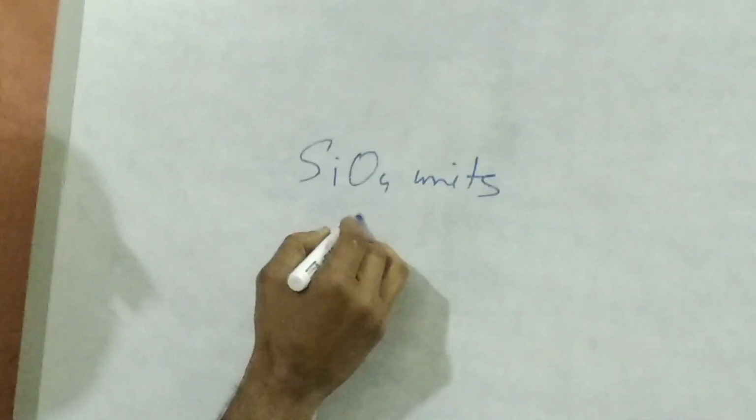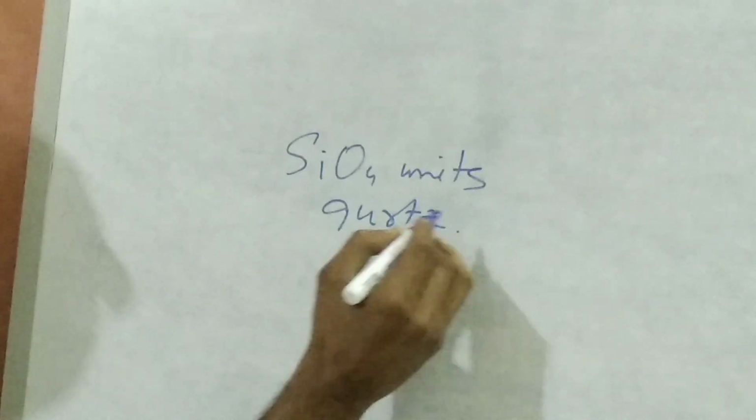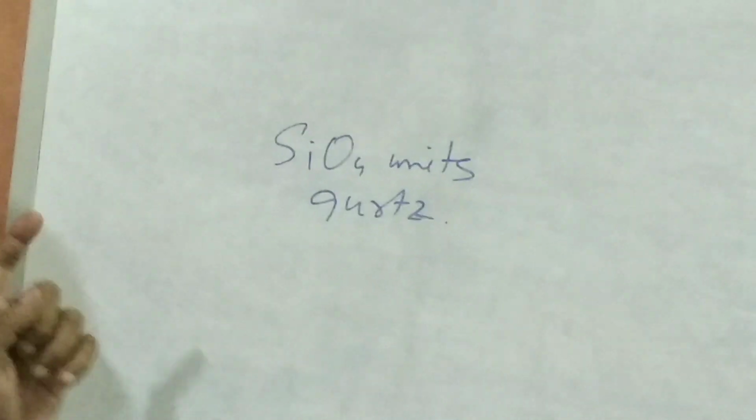Now guys, sometimes crystalline solids can also be converted into amorphous solids. For example, quartz is a crystalline solid with SiO4 units.